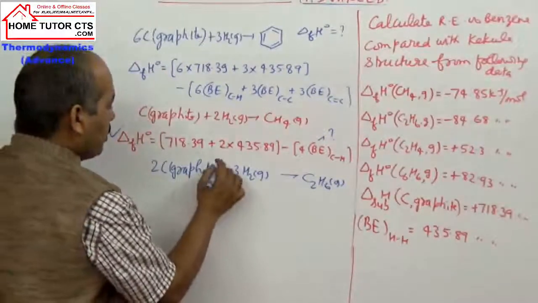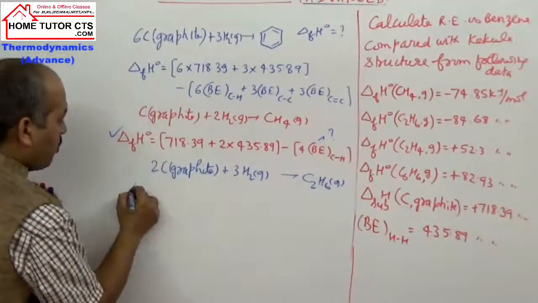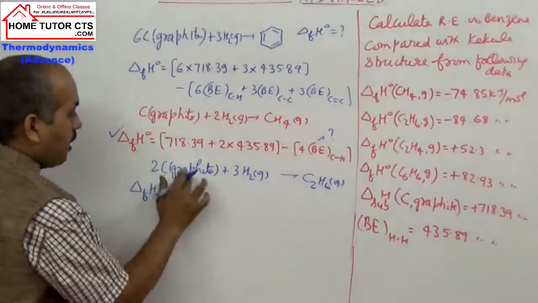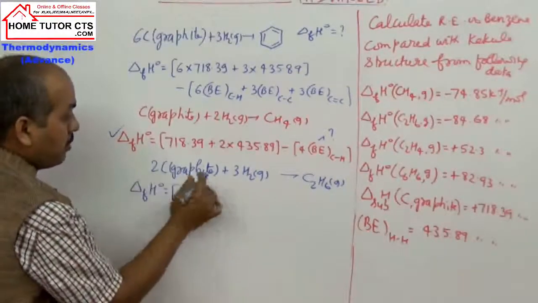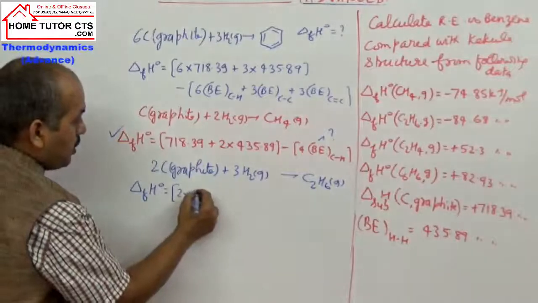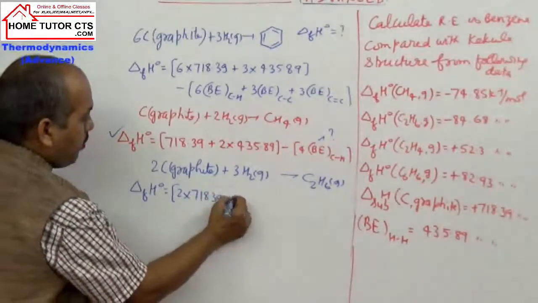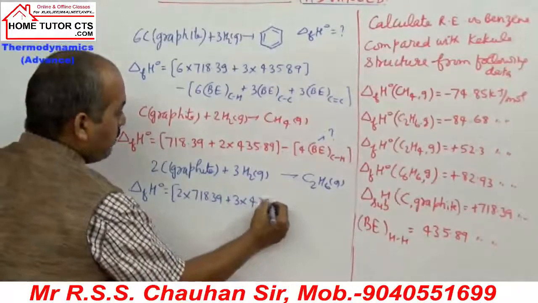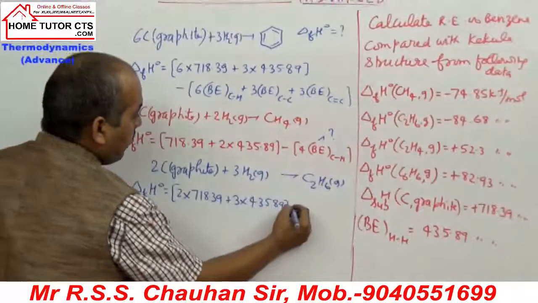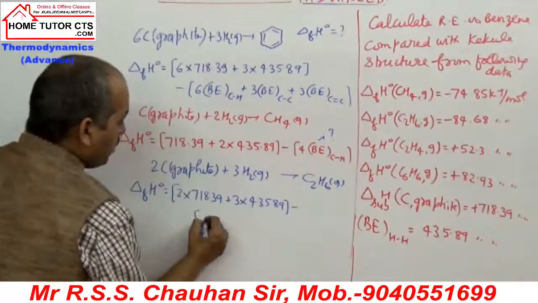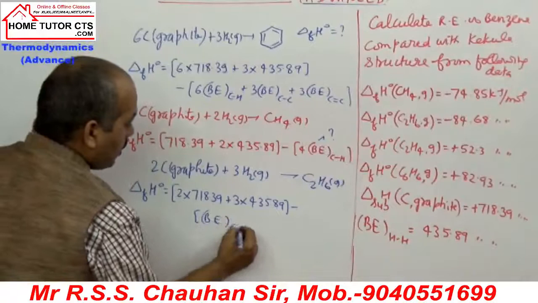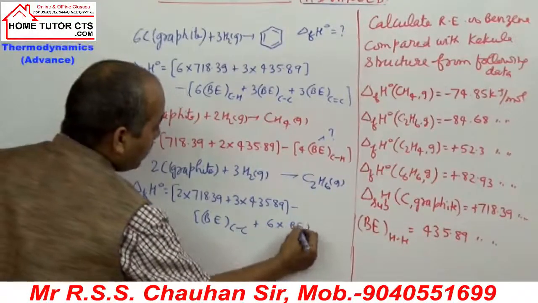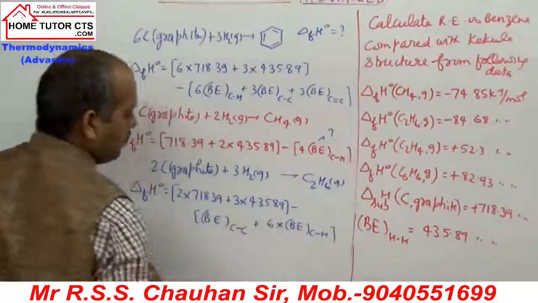For this reaction, the heat of formation is 2 into delta H sublimation of carbon 718.39 plus 3 into the H-H bond enthalpy 435.89, minus, in the product side, the bond enthalpy of 1 C-C single bond plus 6 into the bond enthalpy of C-H bonds.